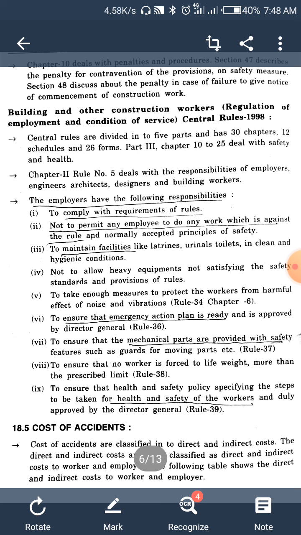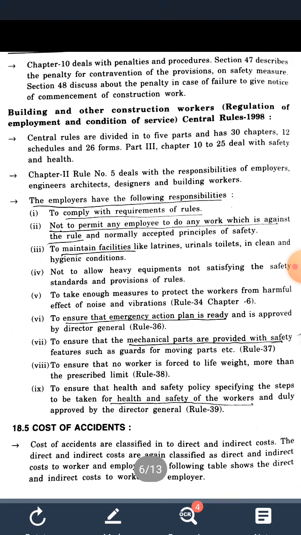And the last one is a health and safety policy specification, which is the last provision of the Central Rules 1998. Now another topic we start is cost of accident.